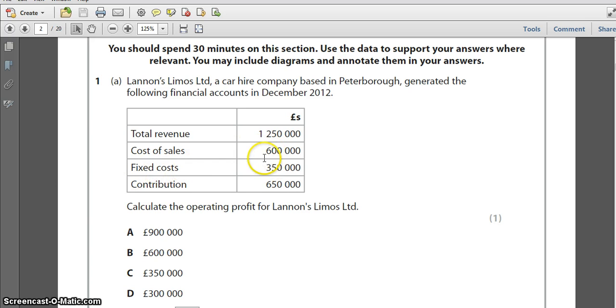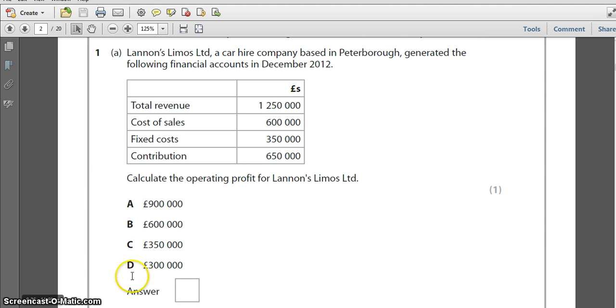If I add those two together, that's my total cost. So basically sales at the top minus these two equals my operating profit. So 1.25 million minus 600,000 minus 350,000 equals 300,000. So the answer is D.